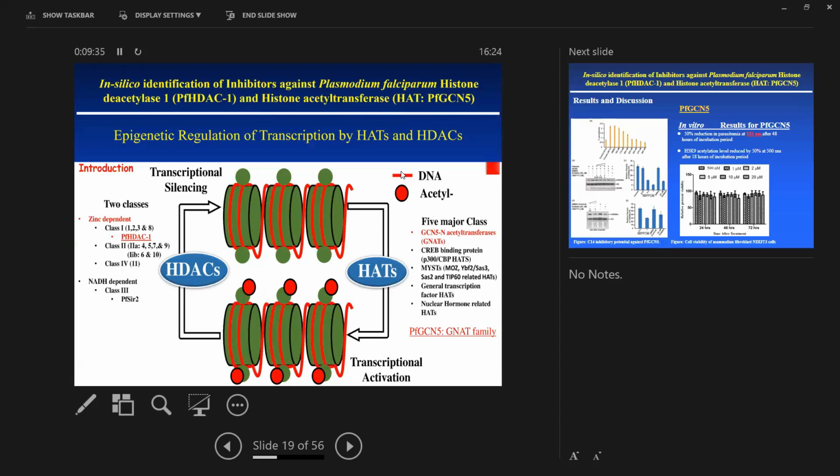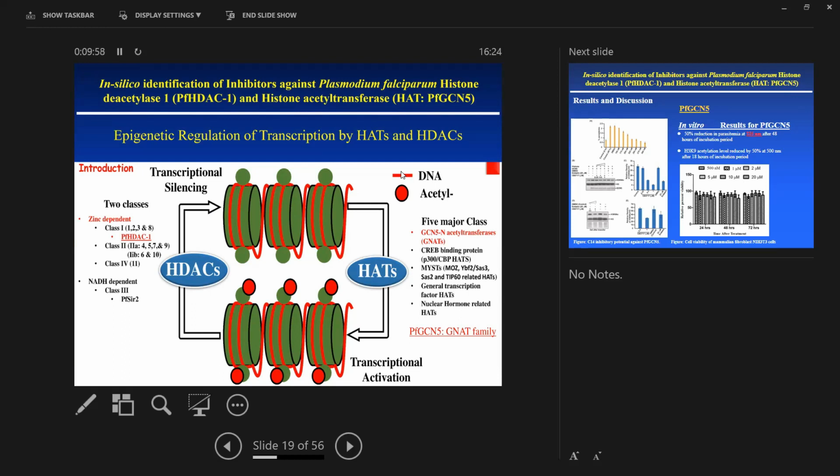So, in collaboration with Professor Sumandar, we screened the acetyltransferase GCN5, which Krishna Paul was mentioning, is very important for global stress of the parasite, and it can remove the artemisinin resistance if you inhibit the GCN5.